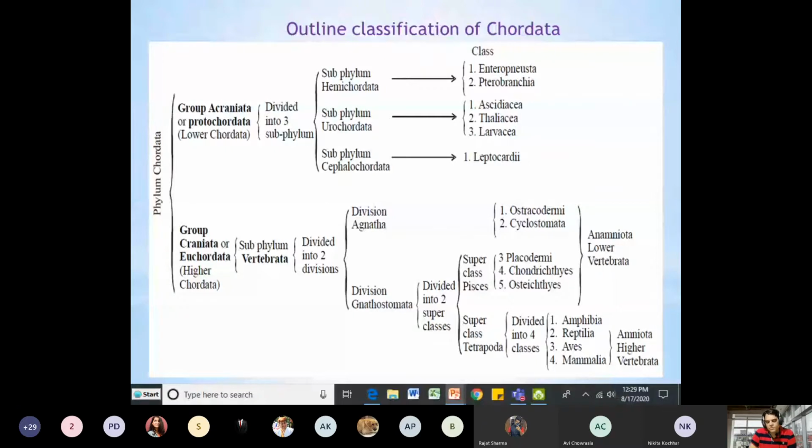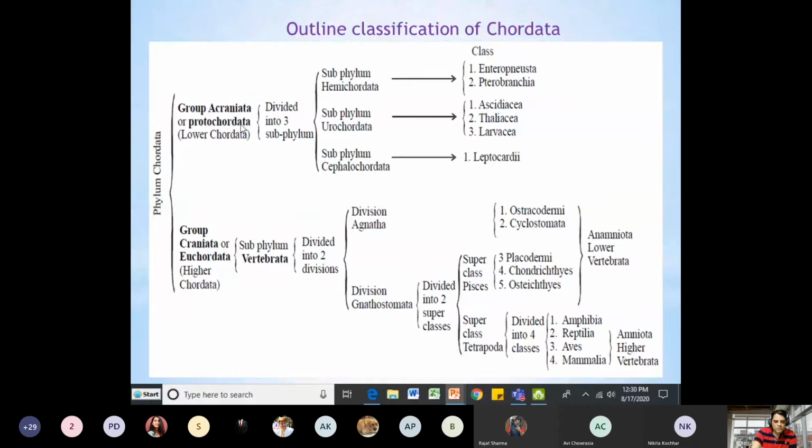Before coming to that classification, let's see another way of classifying chordates. There are many zoologists who have classified the chordates in a simplified way, in which the phylum Chordata is classified into two groups: Acraniata, that means without cranium or skull.